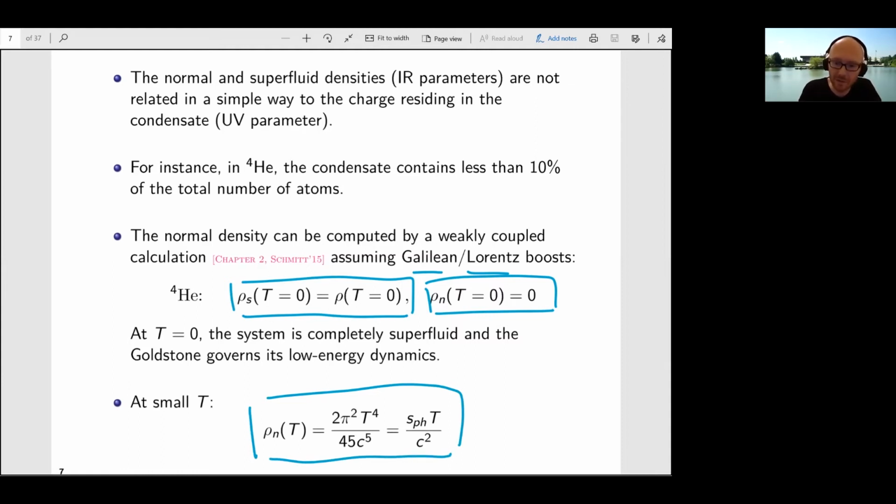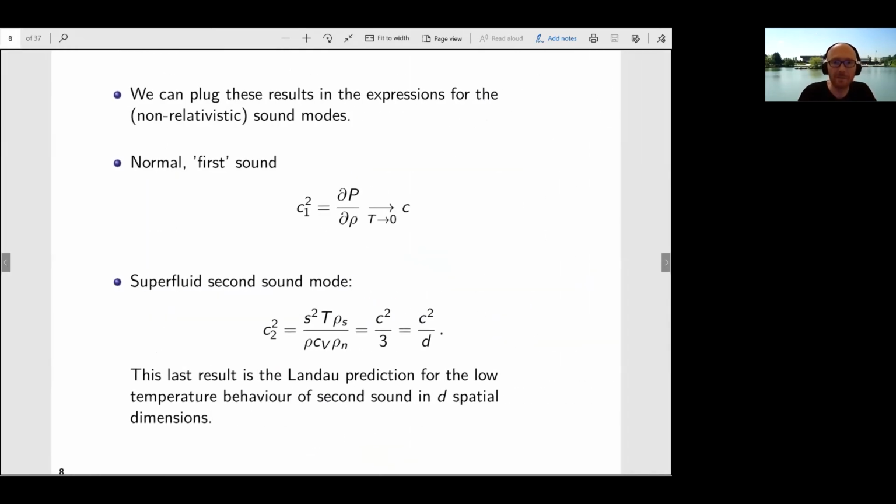And this is, of course, up to corrections. These corrections are corrections in temperature or in the value of C. Here, you're assuming that C is small, for instance, compared to the speed of light. Okay. So this is the standard result.